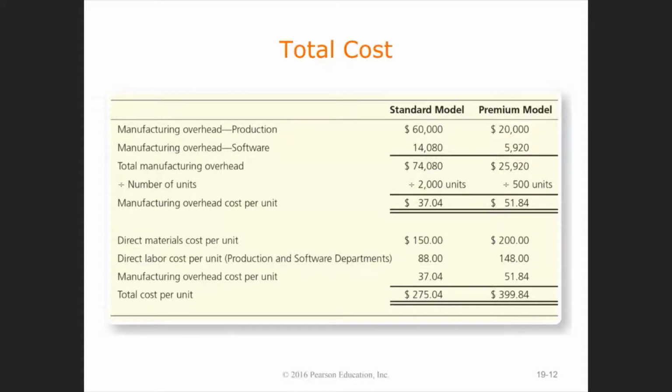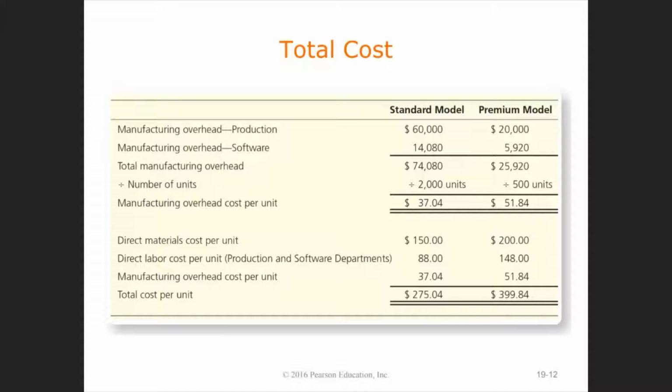We've got our manufacturing overhead for production at $60,000, and then our manufacturing overhead for software is $14,080 under the standard model, which gives us our total manufacturing overhead of $74,080. We're going to then divide that by the number of units, which is 2,000 units under the standard model, and that's going to give us our manufacturing overhead cost per unit of $37.04.